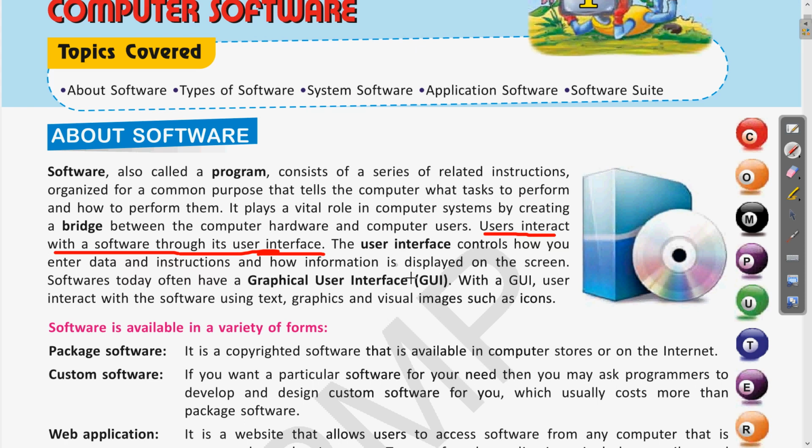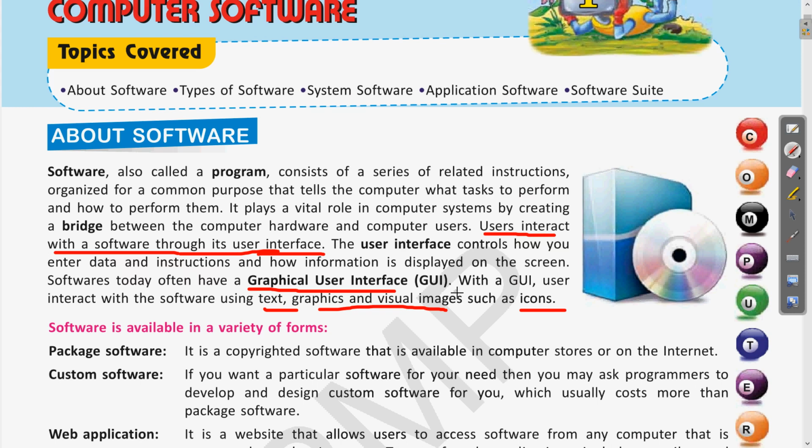These days the computers we are using mostly have a graphical user interface, because we have text, graphics and visual images, which are also known as icons. Clear? These are the different interactive methods provided by the user interface, so that a user can interact with the computer.